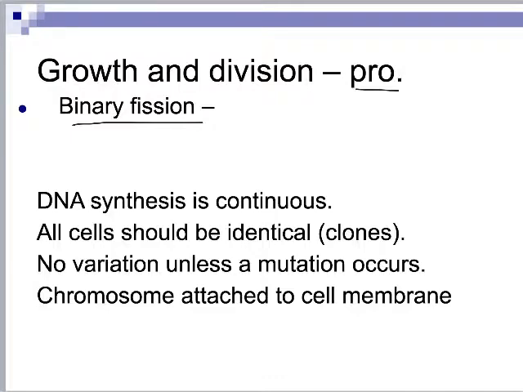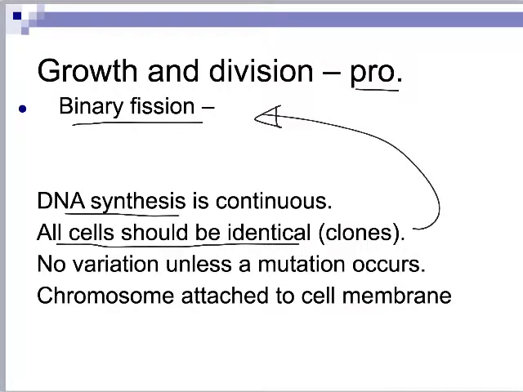A key feature of binary fission is that DNA synthesis is continuous, so if the cells are alive, they're making DNA. All cells produced as a result of binary fission are identical. They're all clones of each other, unless there's some sort of mutation, and we'll talk about that in the bacterial genetics chapter.